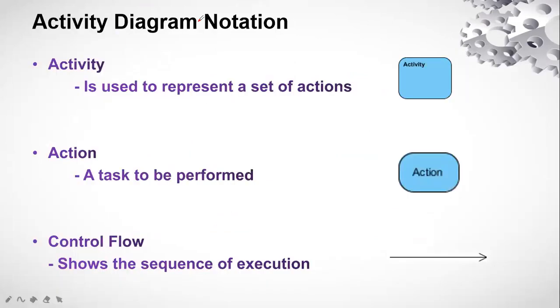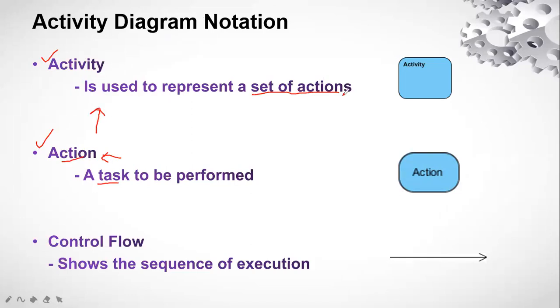Now moving further, in any diagram we should understand all the notations of that particular diagram. Here we are going to understand the notations of the activity diagram. The first one is the activity. Now see, this activity is used to represent a set of actions. There are two things: the first one is activity and the other one is action. When you talk about a simple task which is being performed, that is considered an action, but a set of actions is considered an activity.